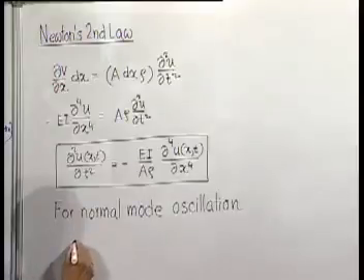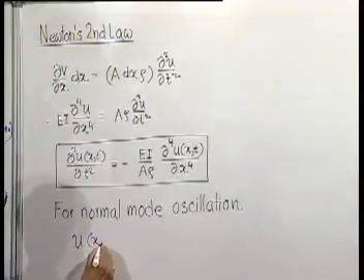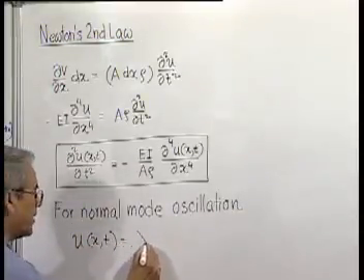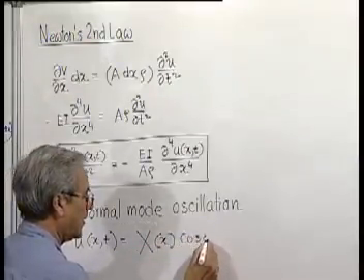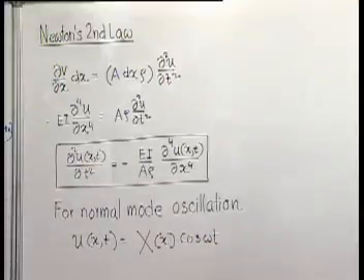So, for normal mode oscillation, we can take, obviously as before, that this is composed of a function of x times a function of t.